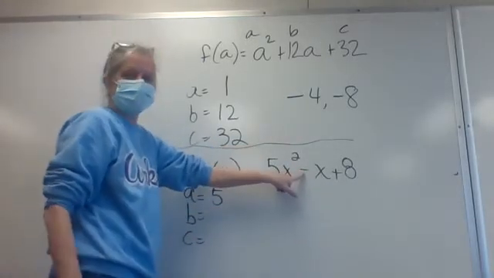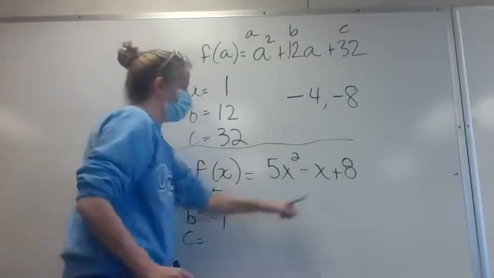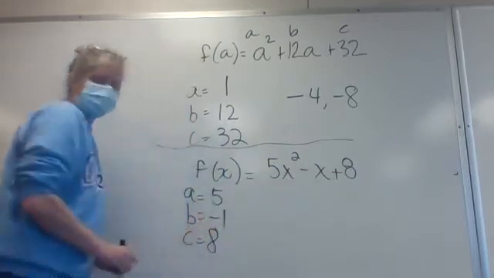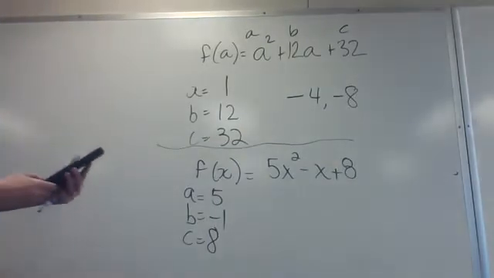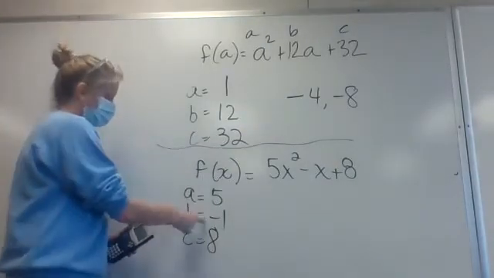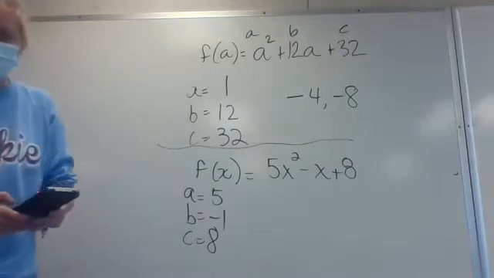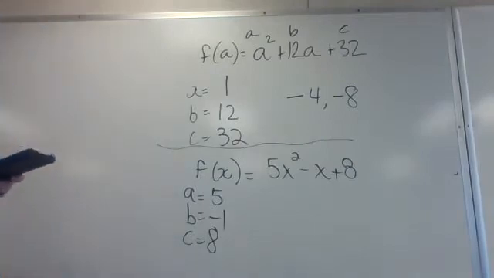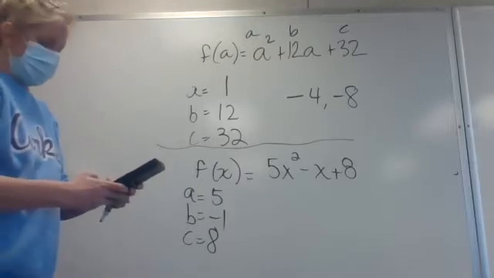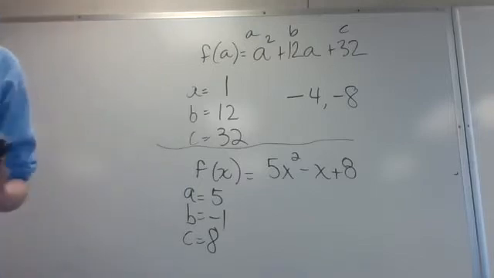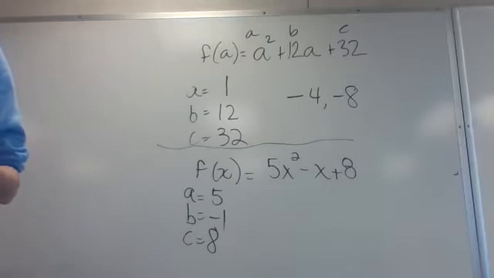B, which is the number in front of x, is -1. Your C is your constant, which is 8. So again, if you go to your quad program, type in your A, B, and C. So 5, -1, and 8. Hit enter. This time, it gives me an I solution.